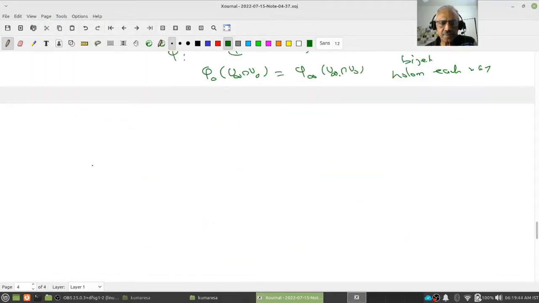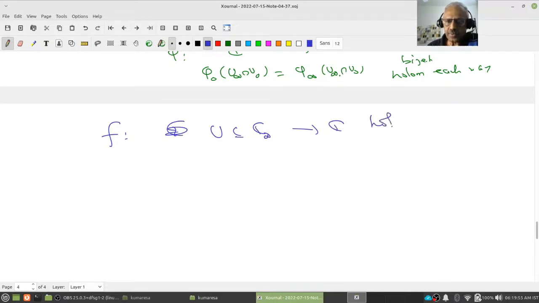Therefore when I want to say a function f from some domain U in C infinity to C is holomorphic on U, all I have to do is look, for each z in U, at whether f composite phi infinity inverse is holomorphic, or f composite phi 0 inverse is holomorphic.